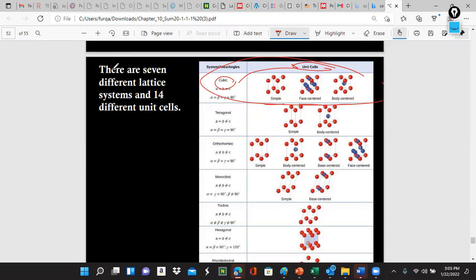So the first portion that we are looking at here, and as I told you, the angles and the lines are all going to be equal to each other. That's how it's going to make the cube. How they differ from each other is the number of atoms they're going to carry in each of them.